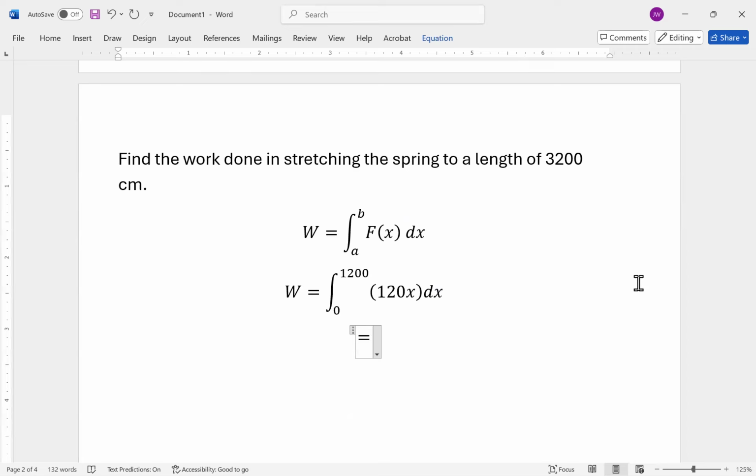Again, you can do this by hand fairly quickly. I tend to always use my calculator just because of the speed. And in this case, we get 86,400,000 Newton centimeters.